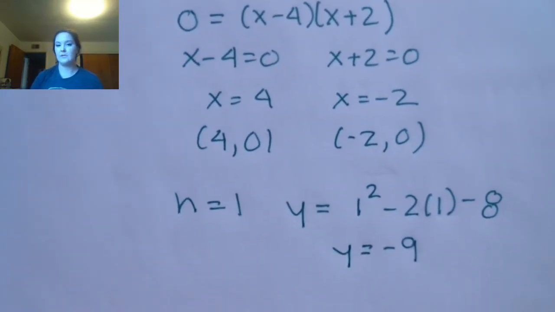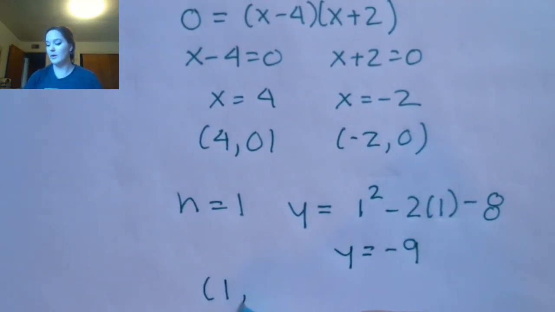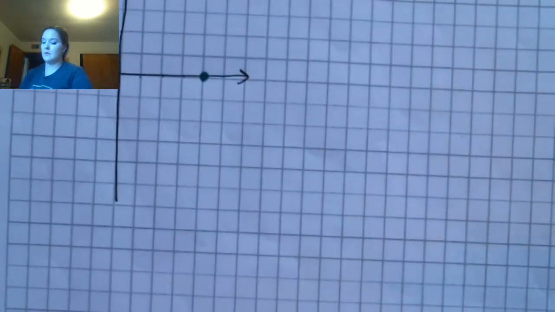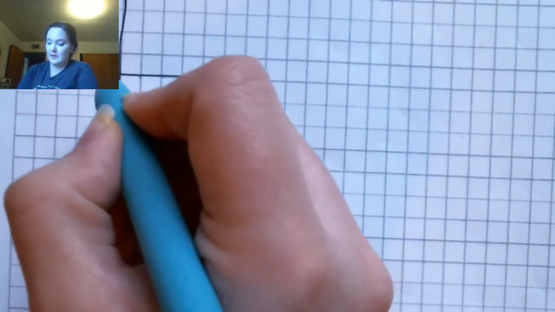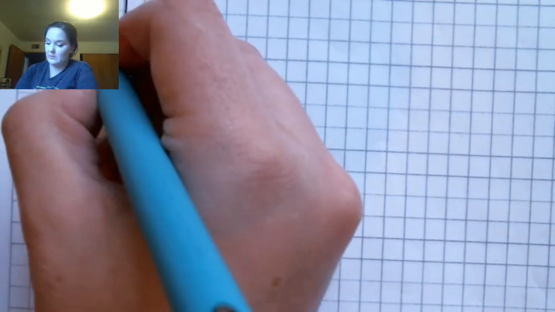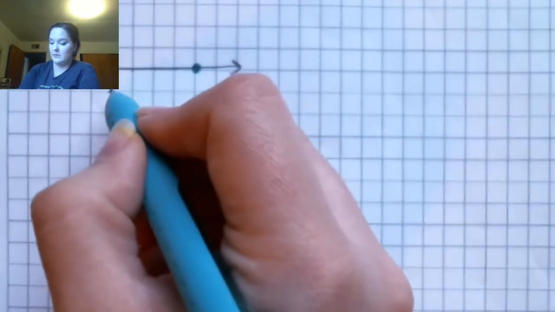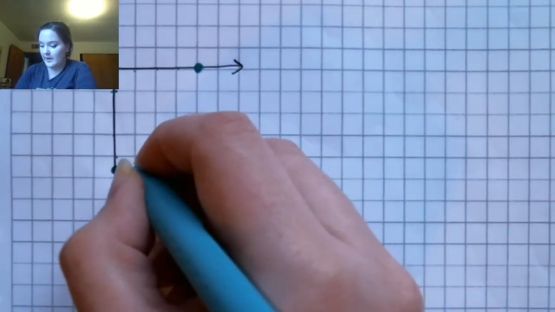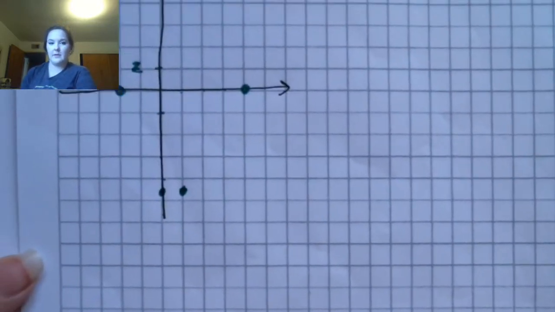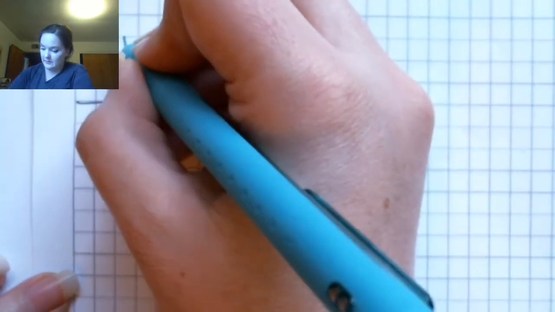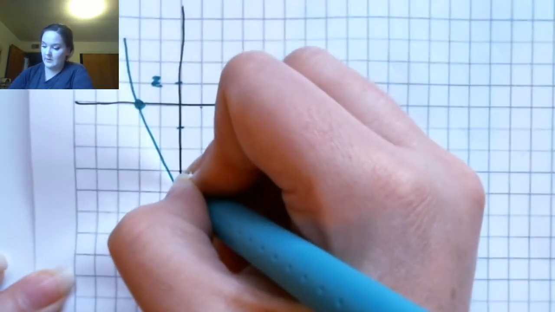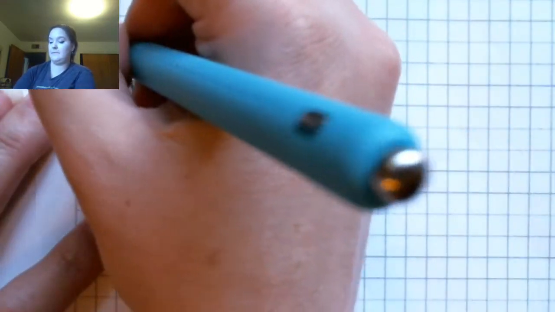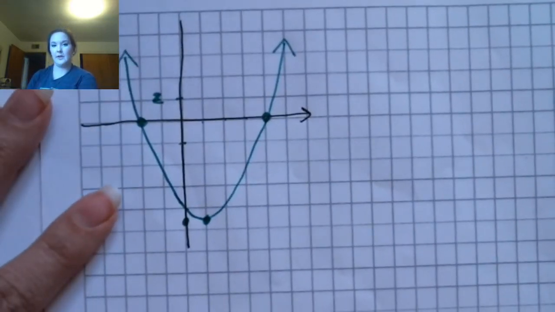So my vertex is going to be 1, -9. I'm going to go to 1, and mark these as 2, 4, 6, 8, 9. Oops, 1, negative 9, sorry. And I'm going to draw my parabola.